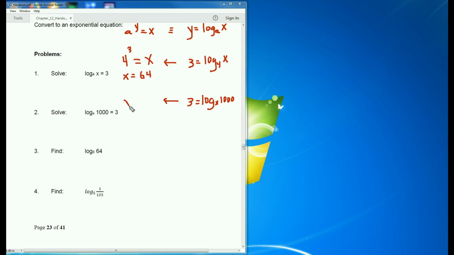That's going to be the base of the exponential. Okay, so x raised to the y is 3. So x cubed is equal to 1000. So what number cubed is 1000? Well, it's 10, because 10 times 10 is 100 times another 10 is 1,000. Therefore, the solution is x equals 10.